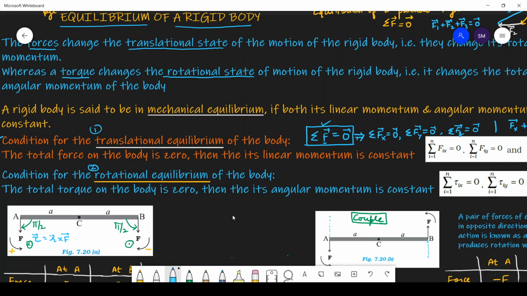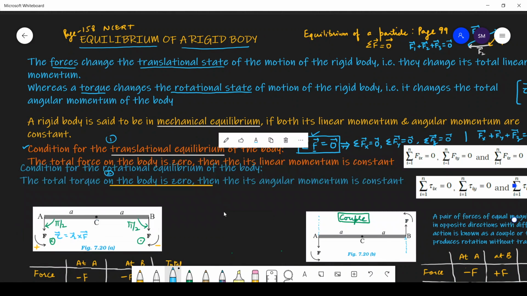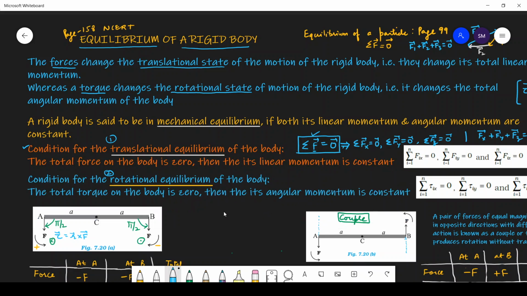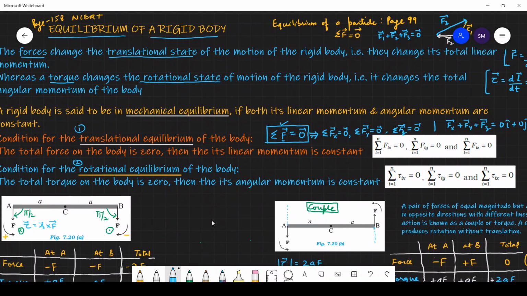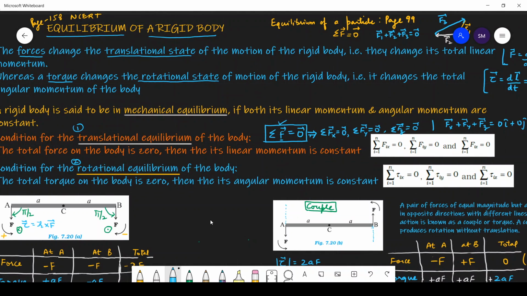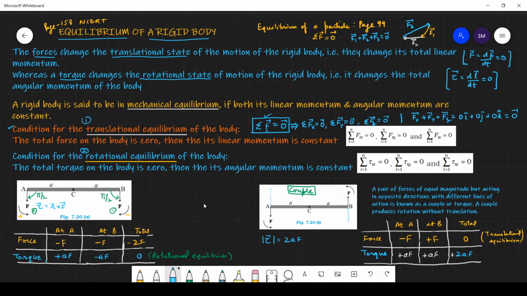Now if we look at the equilibrium part that we were studying. The condition for translational equilibrium is that the net force must be zero.